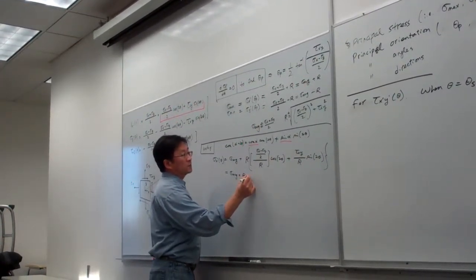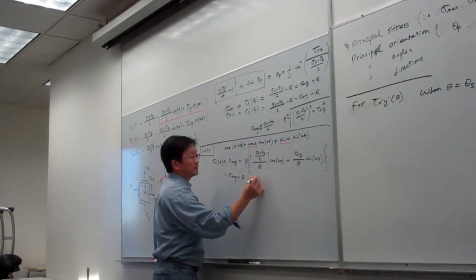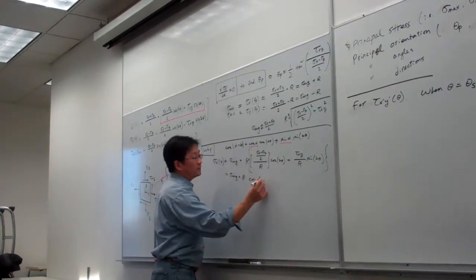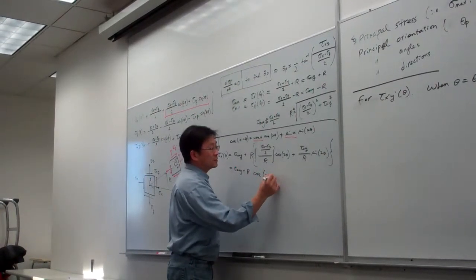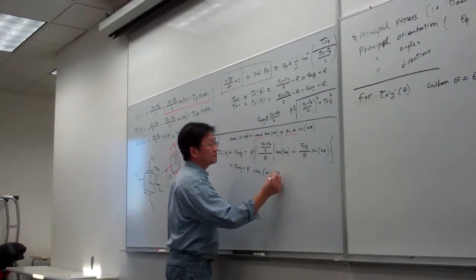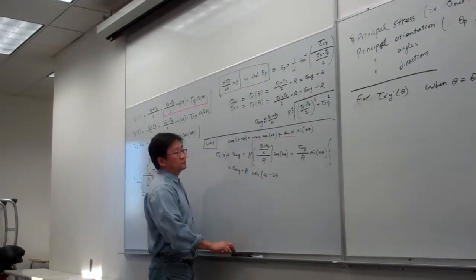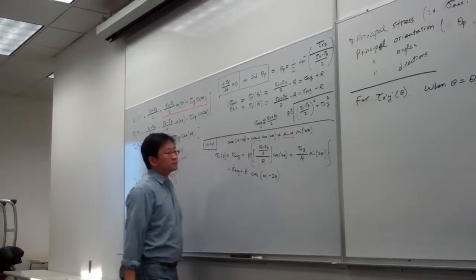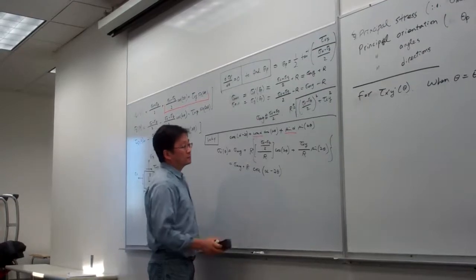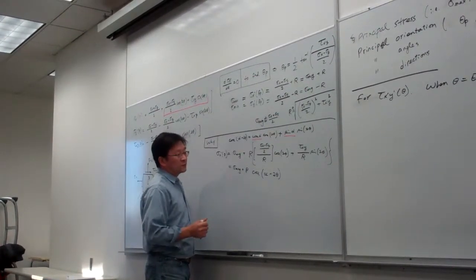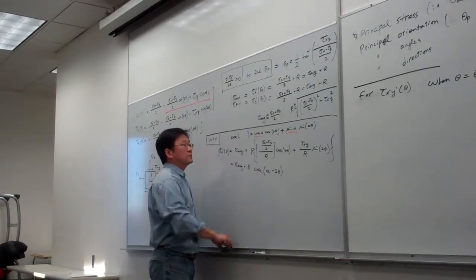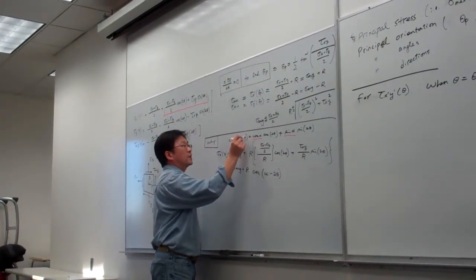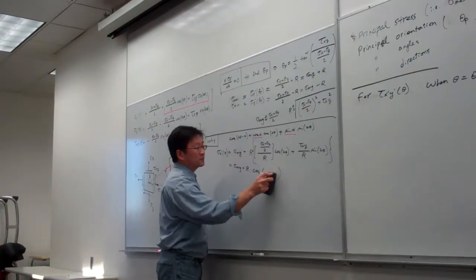So that becomes the cosine. Let me say alpha, and then minus 2 theta. Or, okay, we'll keep this one. Can you allow me to change the order to theta minus alpha? That'll be more convenient.